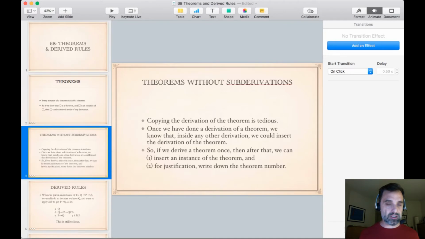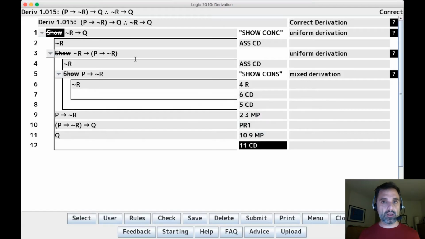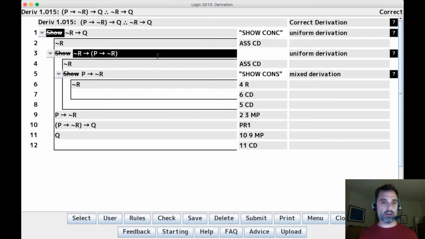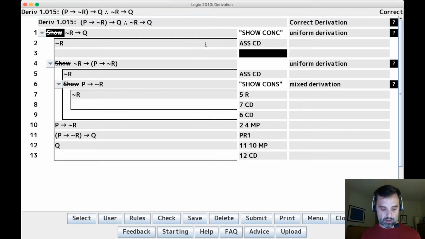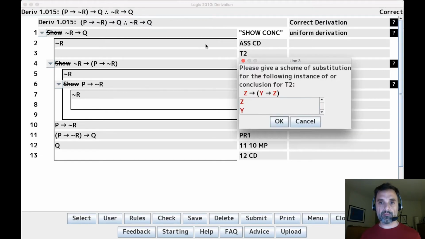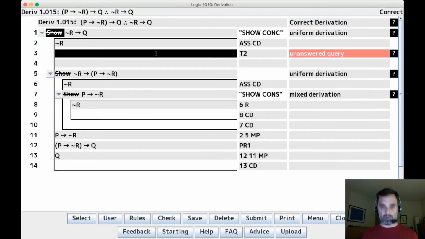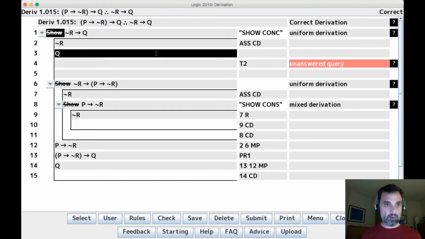So let's go back and see how that might work in the program. So instead of here, where we cut from line 3 through line 8, there we copied the derivation of the theorem. But instead we could say theorem 2, which is the number of, I'm going slightly too quickly here. Remember, this is the initial theorem, right?